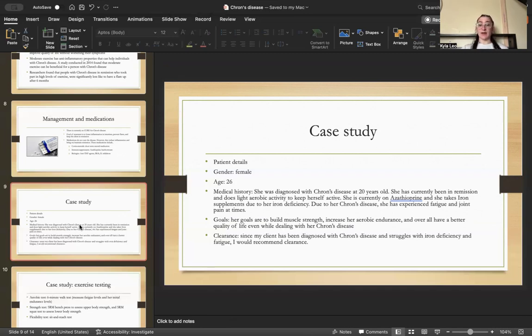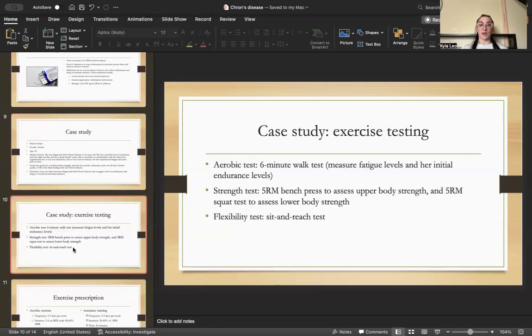So, since my client has been diagnosed with Crohn's disease and she struggles with iron deficiency, and also fatigue, I would recommend clearance before getting into exercise. For the tests that I would have her do, first for the aerobic test, I would do the 6-minute walk test, which would measure her fatigue levels and her initial endurance levels as well.